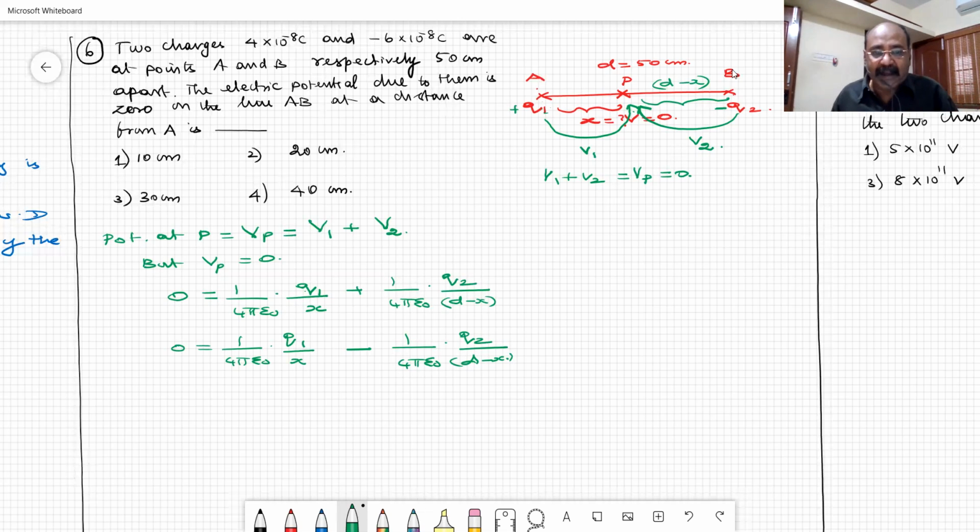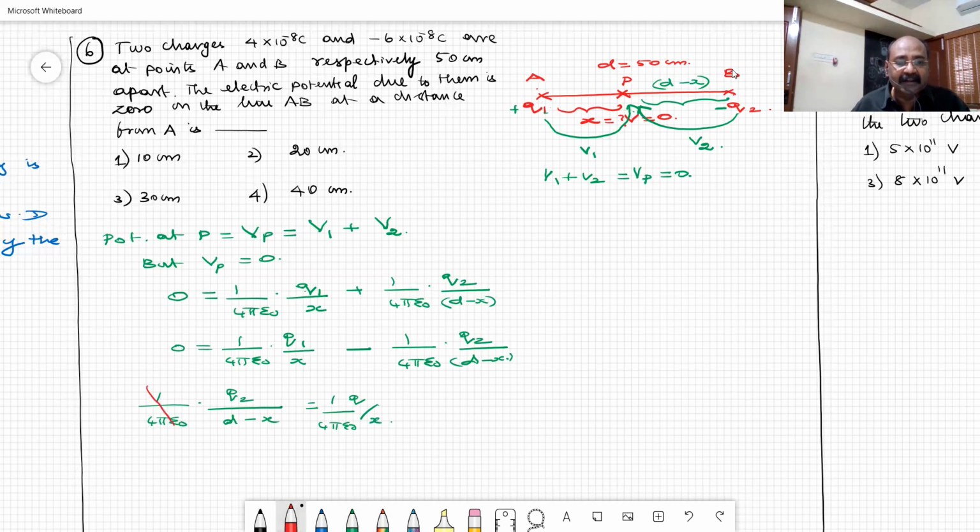Taking this to the other side, you get 1 divided by 4 pi epsilon 0 into Q2 divided by d minus x is equal to 1 divided by 4 pi epsilon 0 into Q1 divided by x.